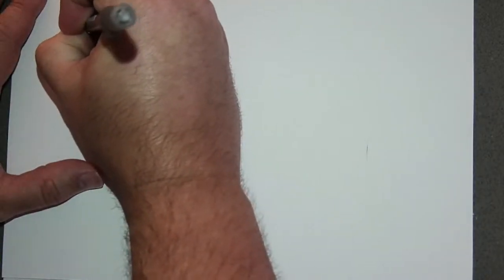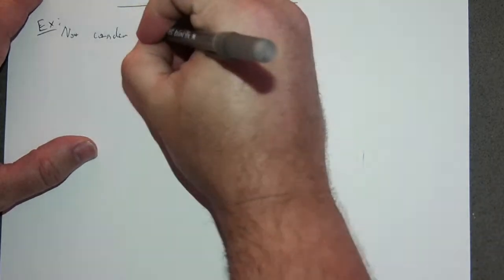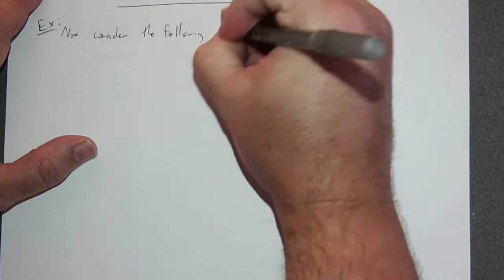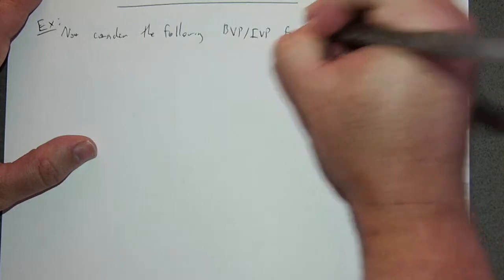So now consider, so this is like a sub-example, but I'll write it as another example. So now consider the following BVP IVP for the wave equation.